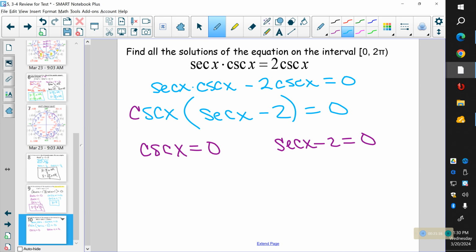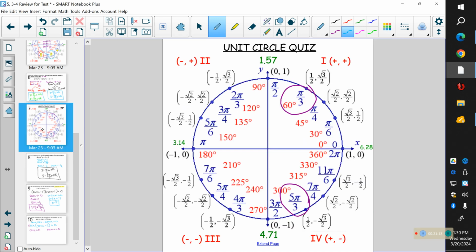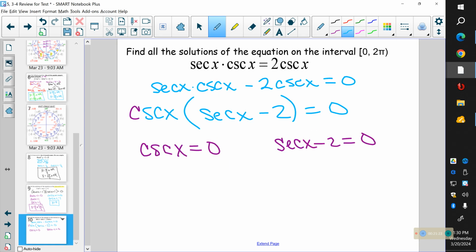Did I memorize cosecant on my unit circle anywhere? No. So I need to put this into my brain as to what's on my unit circle. What's on my unit circle are sine, cosine, and tangent. So what is the reciprocal function of cosecant? The reciprocal function is the sine of x.